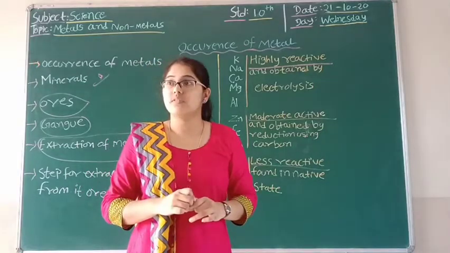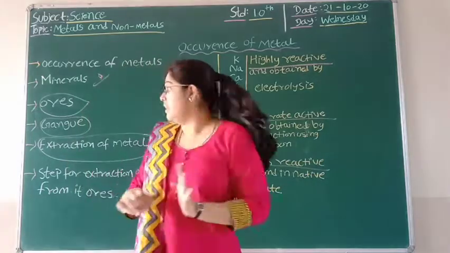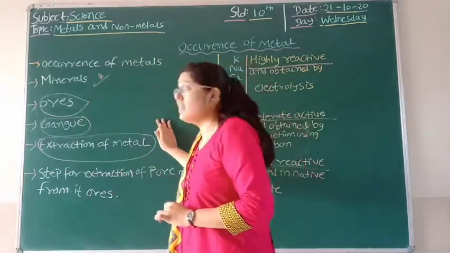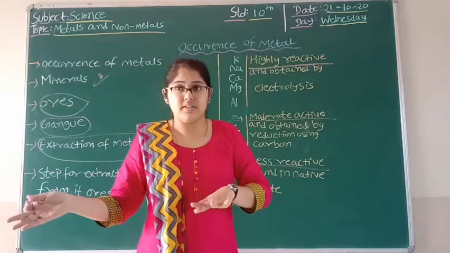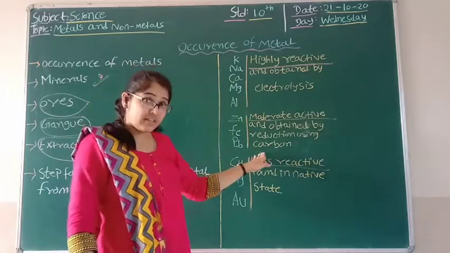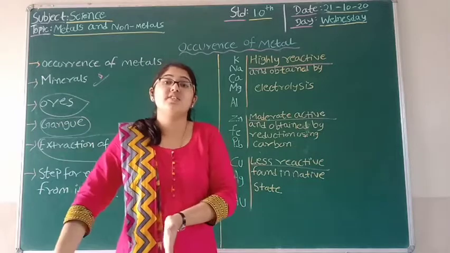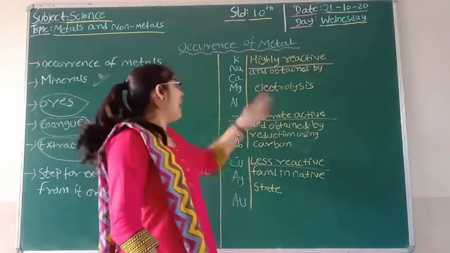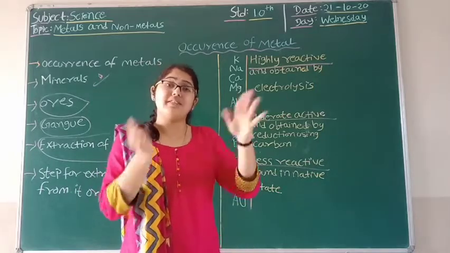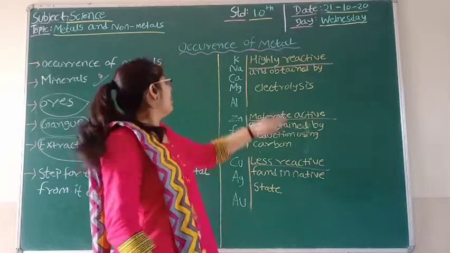So students, if we need to extract metal, as we have seen, metals have different reactivity, right? Some are highly reactive, some are moderately reactive, and some are less reactive. For that there are different ways to extract the metal as per the reactivity. Which metals are highly reactive, which are moderately, and which are less?